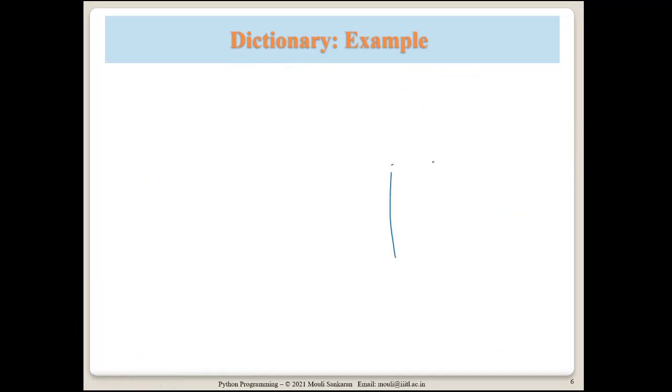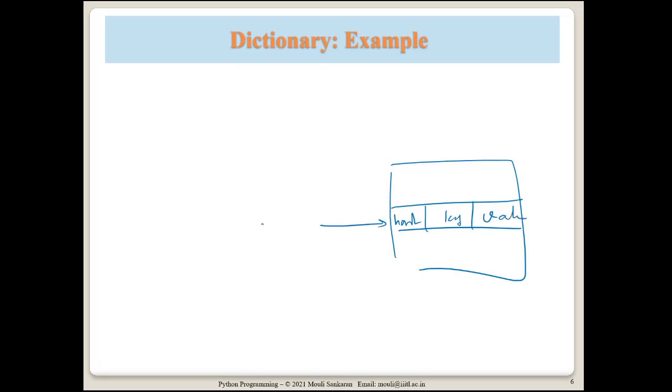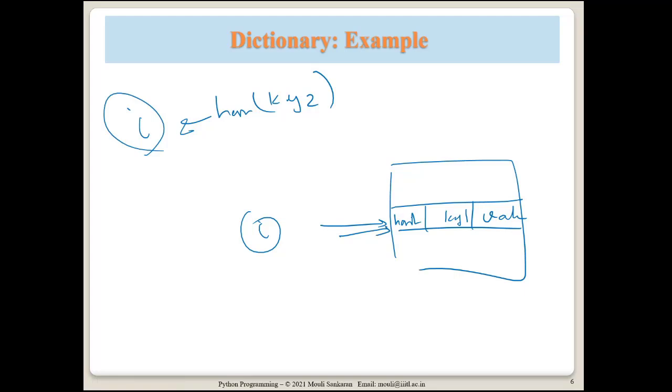You have an index, an element which has a hash, a corresponding key and a corresponding value, and an index is computed for this, maybe I call it key 1. For key 2, the hash function returns a value I which happens to be the same as this. The hash values are the same but the keys may be different.